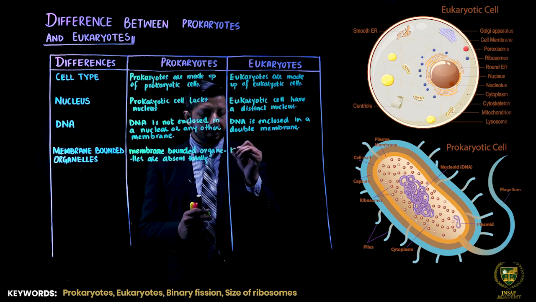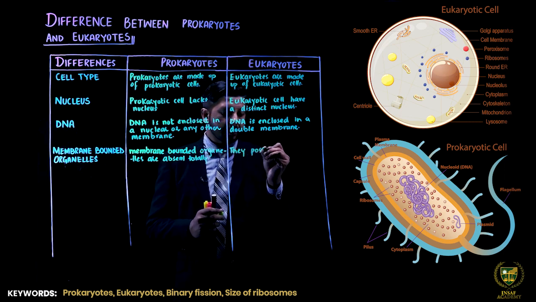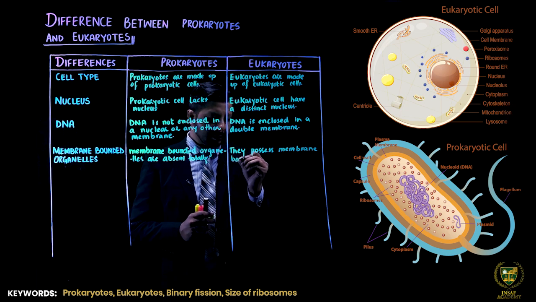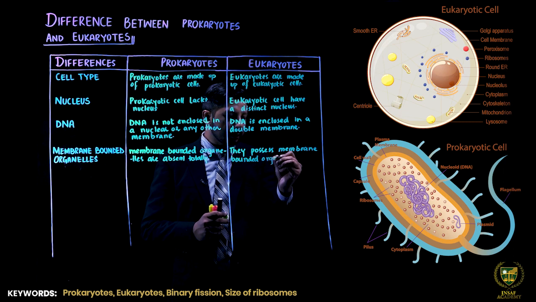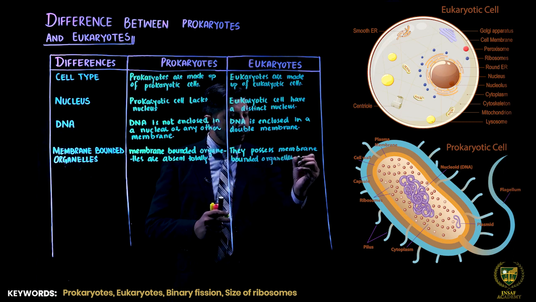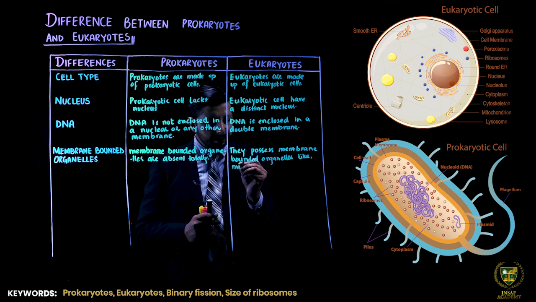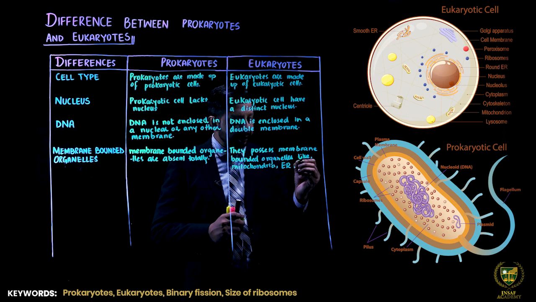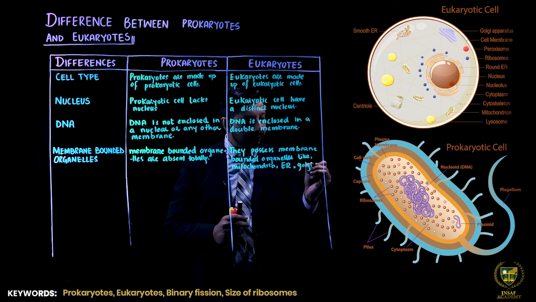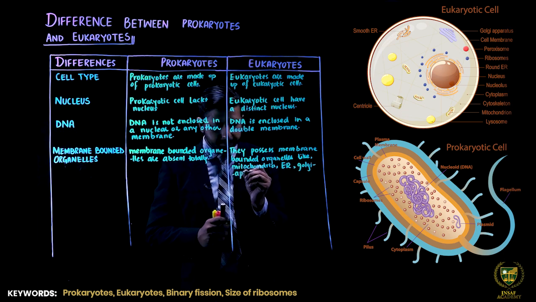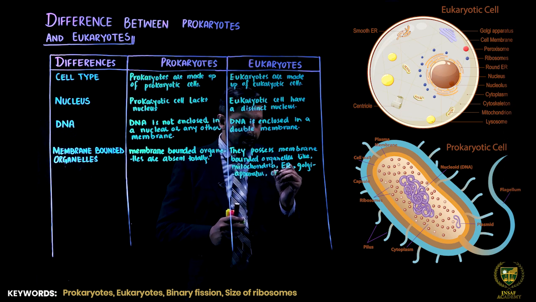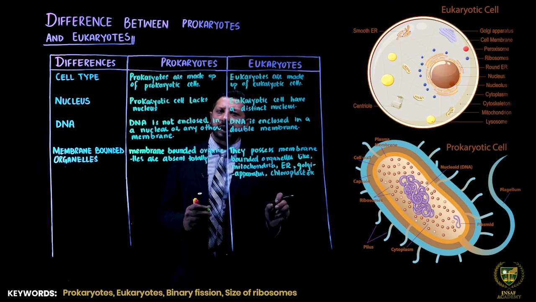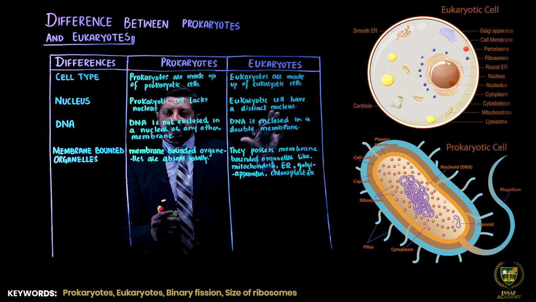While the eukaryotes possess membrane bounded organelles like mitochondria, like endoplasmic reticulum, like Golgi apparatus, like the chloroplast, clear, etc. All the membrane-bounded organelles which we have studied are present in the eukaryotes, clear?